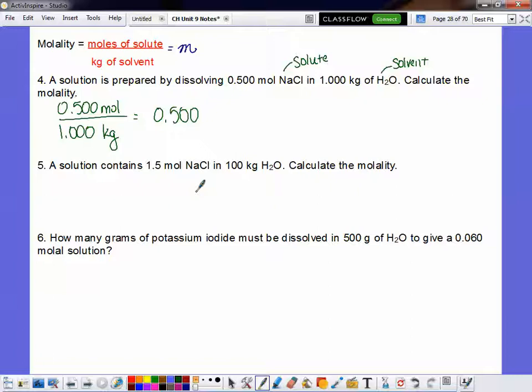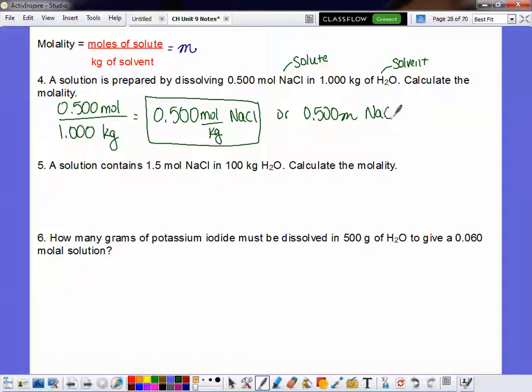And then we can either write the units as moles per kilogram. Our label would be NaCl. Or we can write it as a little m. Okay? Questions on that one?